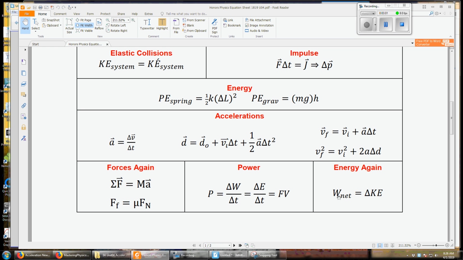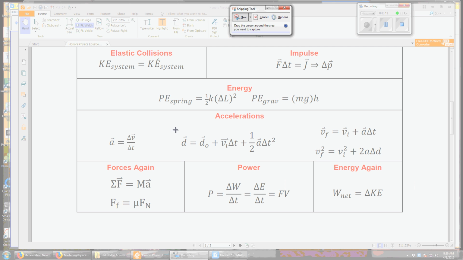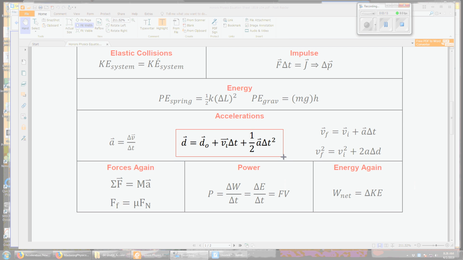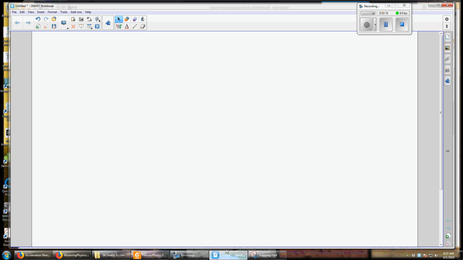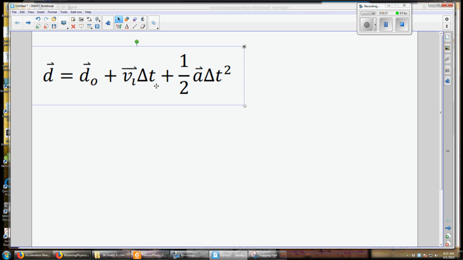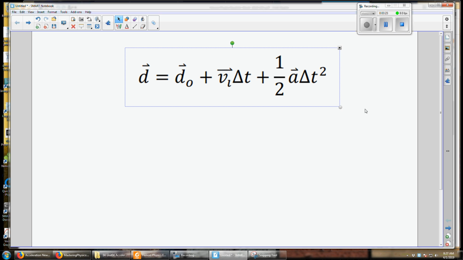And we can see if I have another option that relates acceleration and displacement and maybe brings time into it. And I do, it's my general one there. So let's grab that one instead. So let's see.